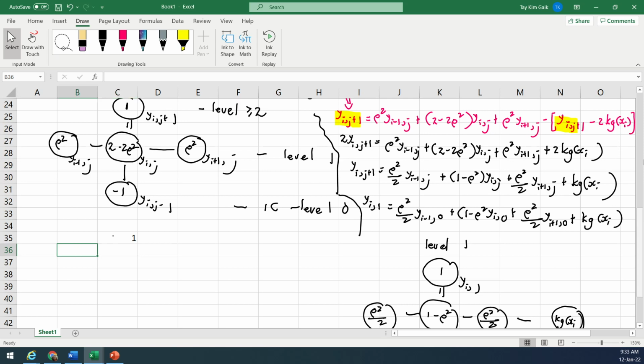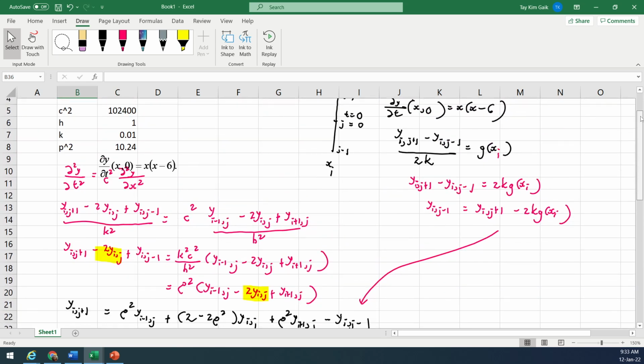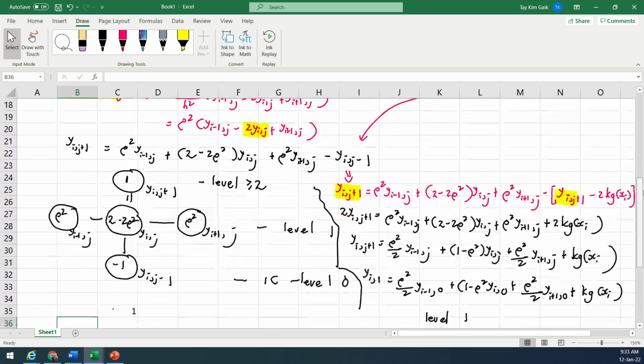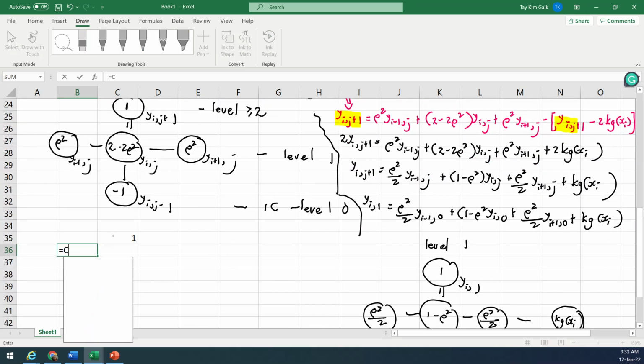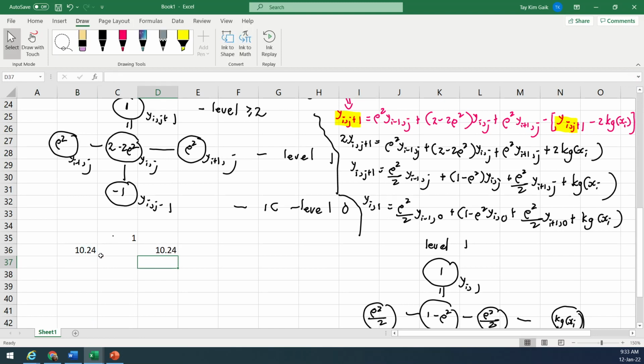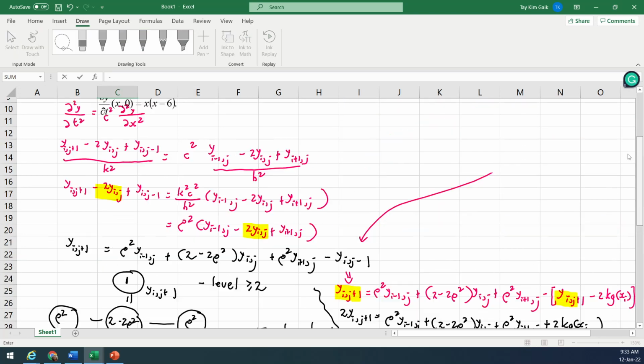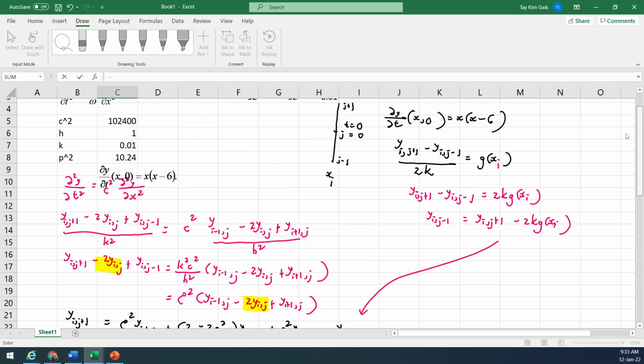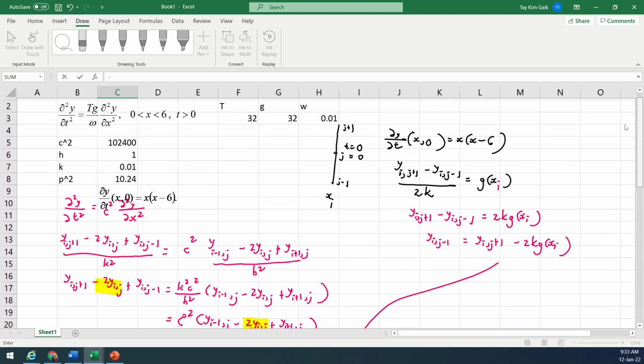Rho squared, you calculate here, rho squared in cell C8. This one is the rho squared. This cell is negative 1. 2 minus 2 rho squared equals, I haven't calculated 2 minus 2 rho squared.